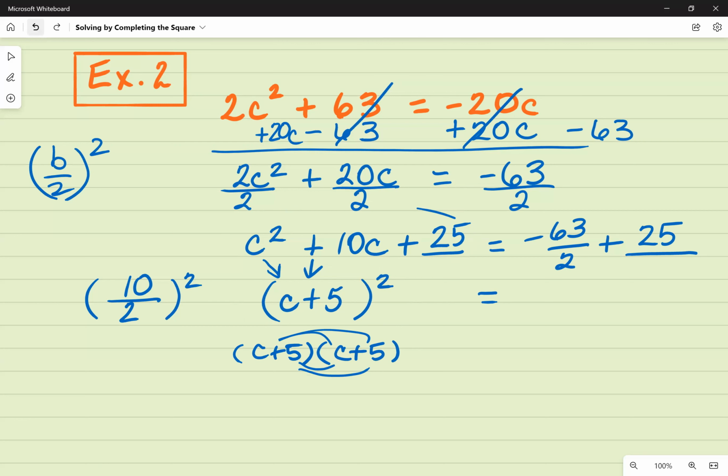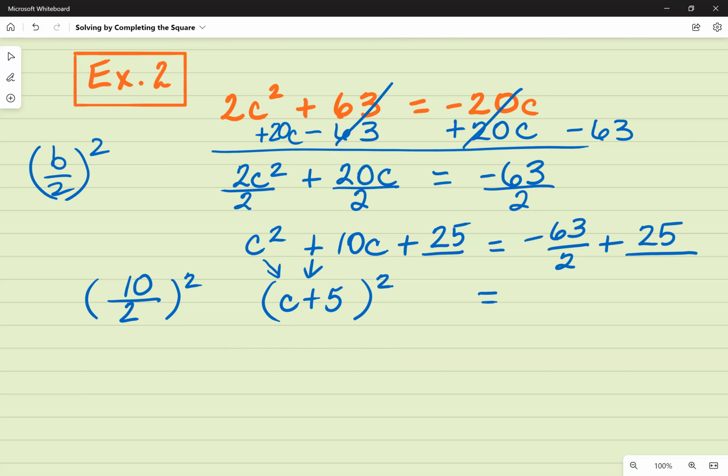That is called a perfect square trinomial, because if I took the square root of the c squared, I'm going to get the c times c. And if I took the square root of positive 25, I'm going to get the positive 5, positive 5. And if I added the 5 plus the 5, then what I'm going to get is the middle term, which is 10. So that is how you know that you're on the right track.